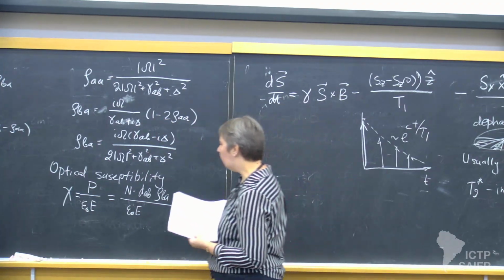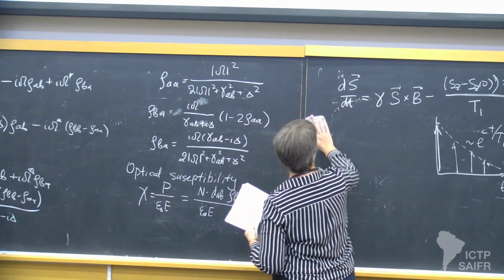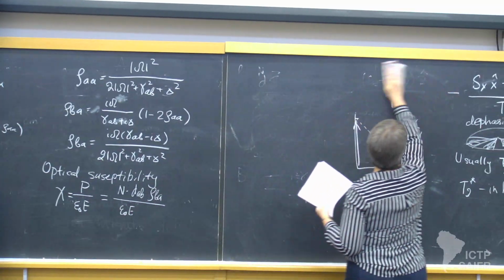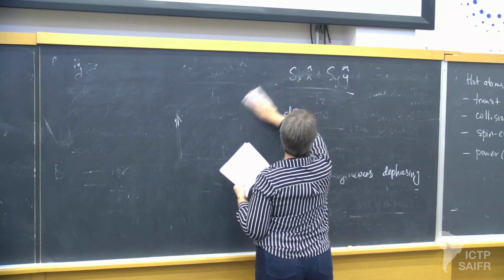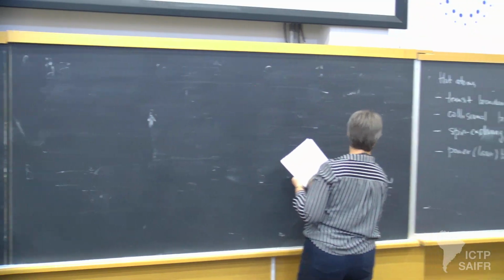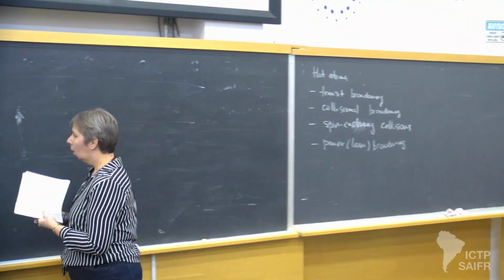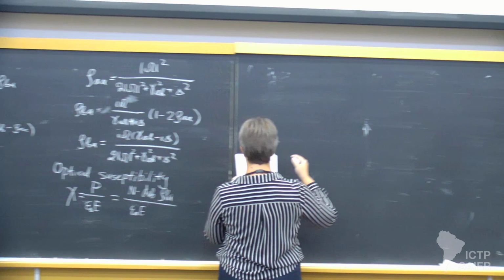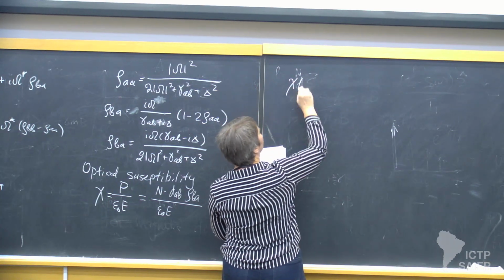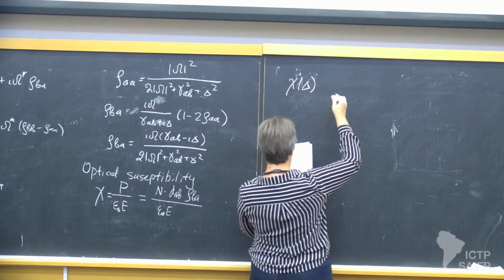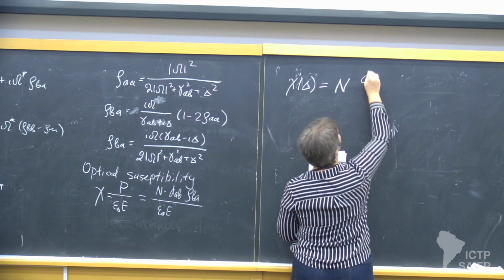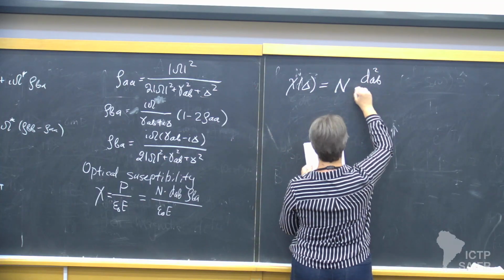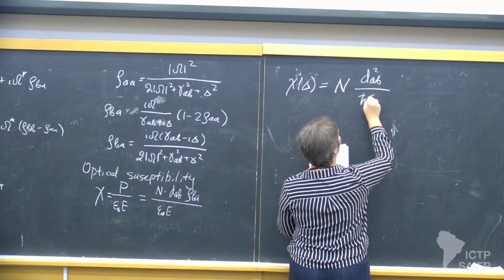And in our case, if we put all the correct units, we can find that the susceptibility as a function of the laser detuning is equal to the number of atoms times dipole moment squared, divided by h epsilon naught.